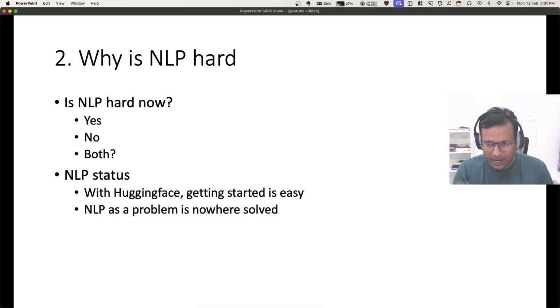Just because you can write code and see it run and get some results does not mean NLP has become easier. NLP as a problem is a huge problem. It's nowhere near solved. We are just at a place where approximate solutions are more easily available to us. So Hugging Face makes it easy, but the problem is not easy.